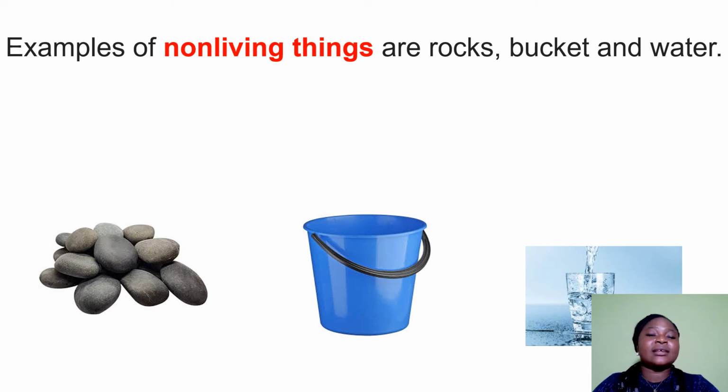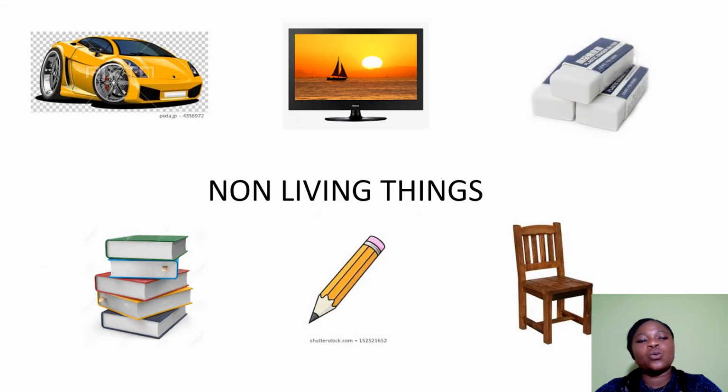Good. Let's come to our examples. What then are the examples of non-living things? Examples of non-living things are rocks, buckets, and water. As shown on the screen, we have rocks, buckets, and water.